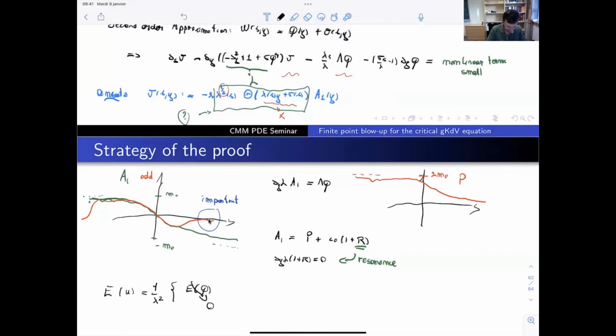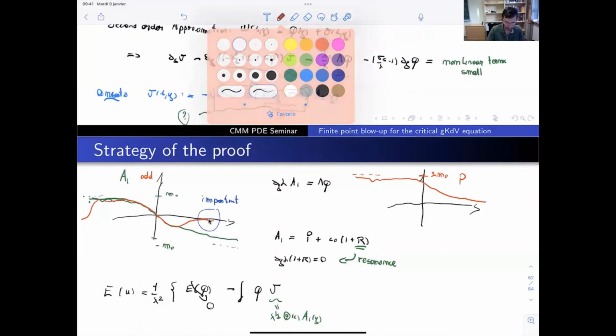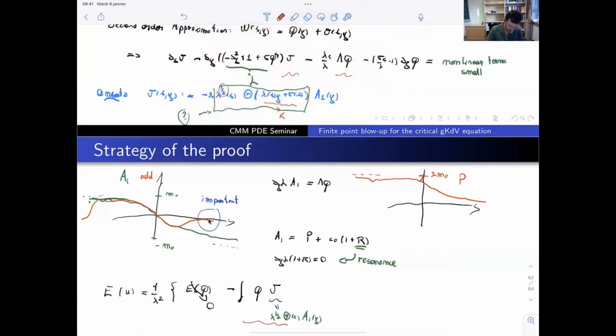And then you have a term which is minus Q times V, which is the next one in line. And here, as we said, V is lambda 1/2 theta of x, A1 of y. Since A1 is odd and Q is even, this will be very small. If you take away the cutoff, then this will be very small, almost 0.